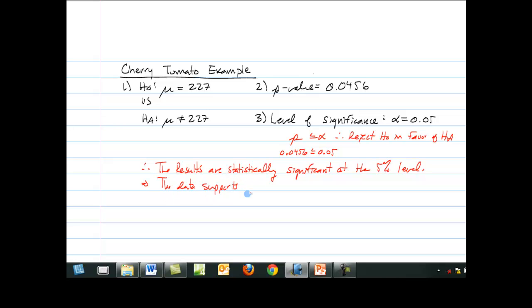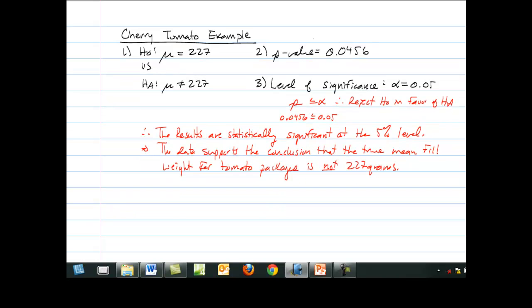The data supports or the data doesn't support. The data supports the conclusion that the true mean fill weight for tomato packages is not 227 grams. And I'm not saying what it is, I'm just saying it's not 227 grams.